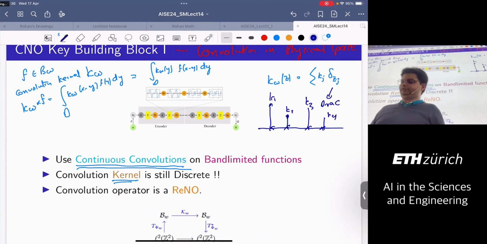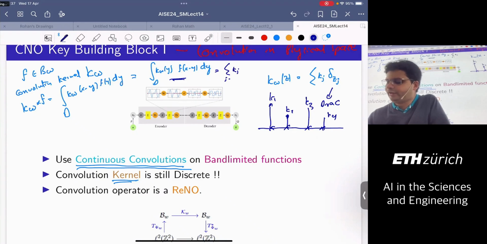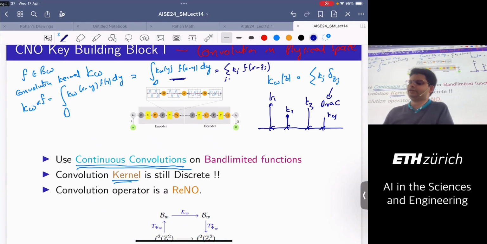The size of the kernel is fixed a priori, and these are discrete points. So what does that mean? If you now evaluate this integral, follow. This is discrete, so this will simply mean that this is a summation over j of k_j f(x minus z_j). So this is what it is.